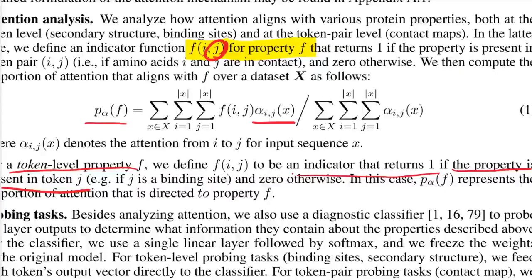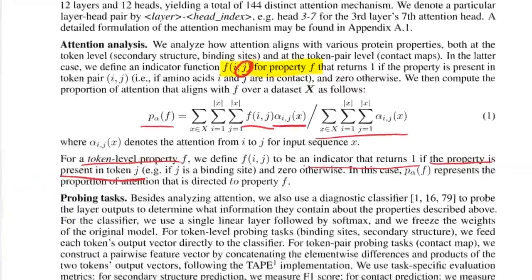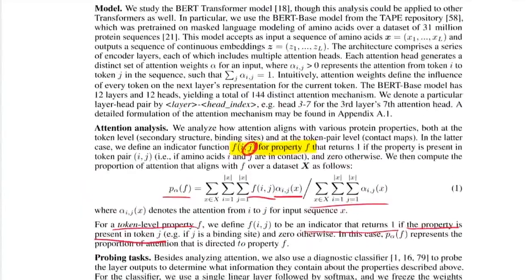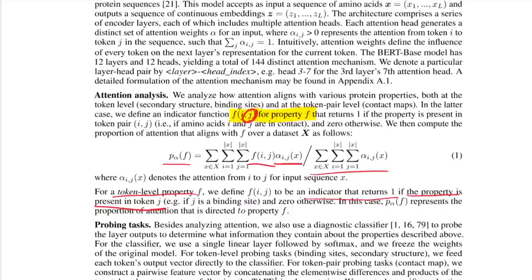As you know, BERT has many layers with many attention heads. We look at whether or not this property is active and normalize it by the total attention in that head so that we get some kind of percentage number. That's the first task: how does the attention correlate with these properties.